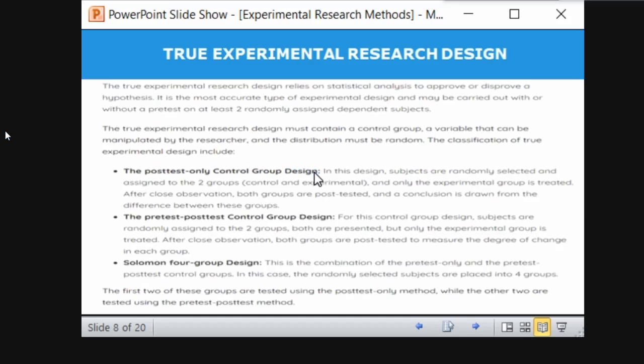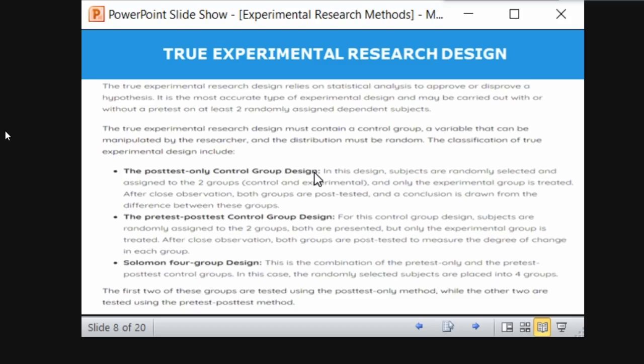Okay. So what do you mean by true experimental design? True experimental design, as I told you, selects samples randomly. Quasi does not select random-based sampling, right? So true experimental design relies on statistical analysis. When statistical analysis comes, it means the data can be quantified, expressed in numbers, to prove or disprove a hypothesis.